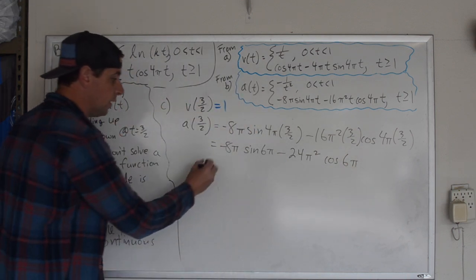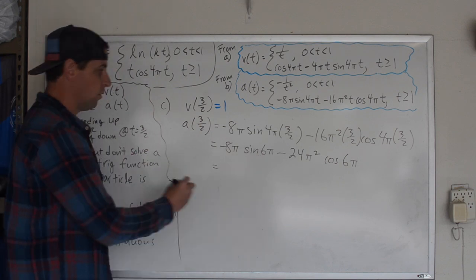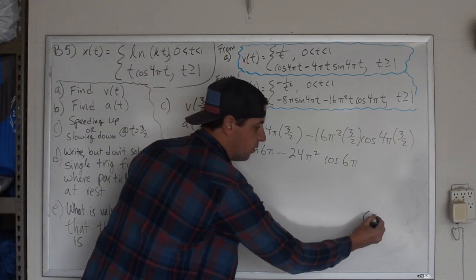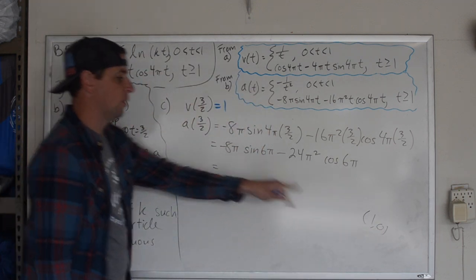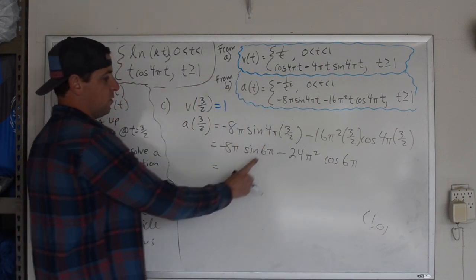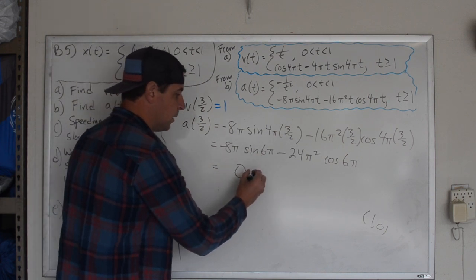When I do this, sine of 6 pi, just like before, 6 pi is still the point (1, 0). Sine is still the y value, so the y value there is 0. So 0 times 8 pi is just a big fat 0.